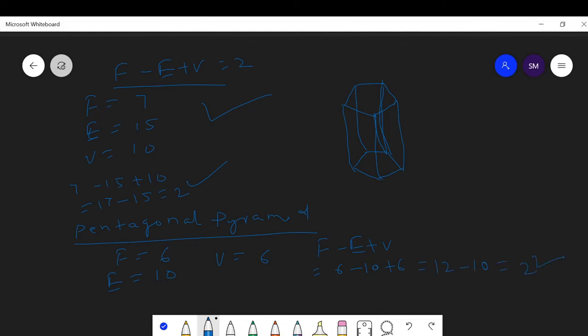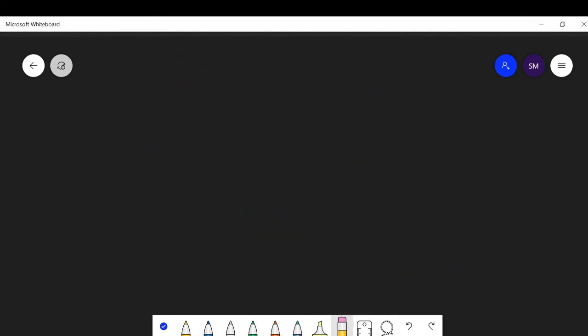Yes, this satisfies Euler's formula. In these questions, students, please do your exercise and ask me your doubts in my comment box. I will clear all your doubts.